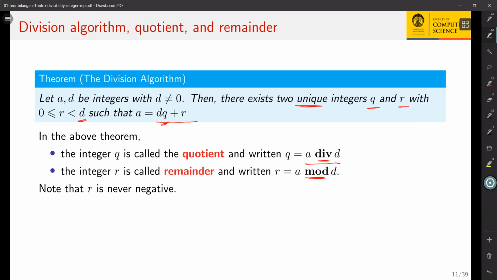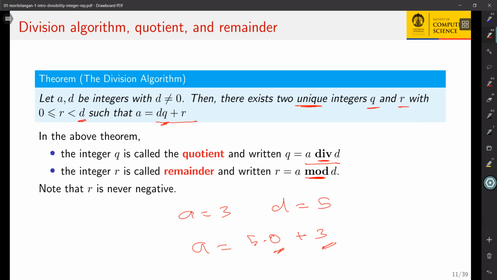If we take A is 3 and D is 5, then we can get A equals 5 times 0 plus 3. Correct. So what is the quotient? 0 is the quotient and the remainder is 3. That is correct. Good.